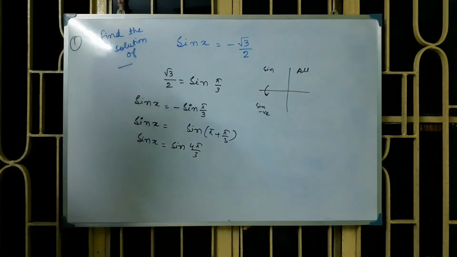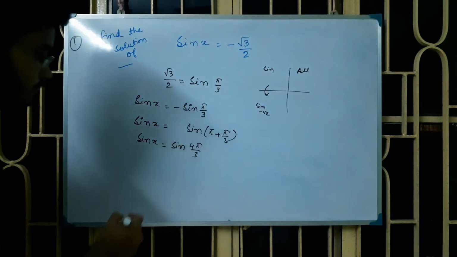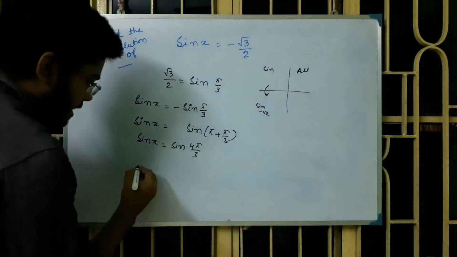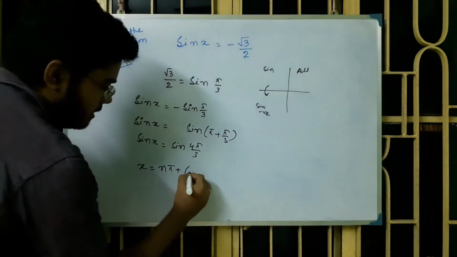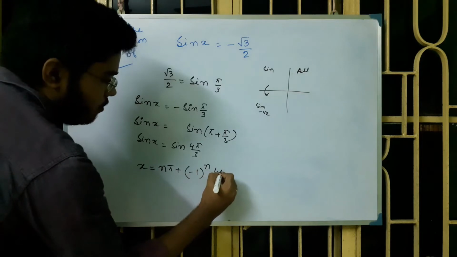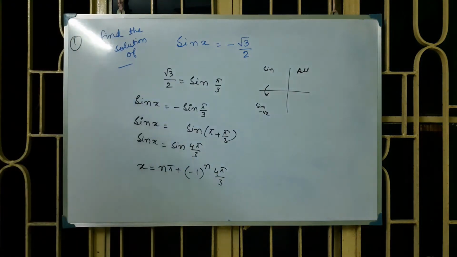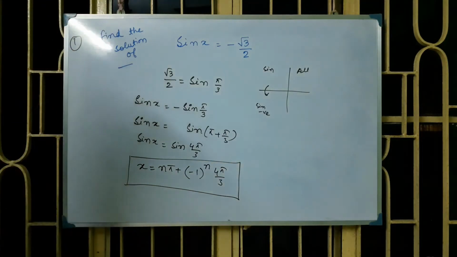You can write x equal to 4 pi by 3, but we want to find the general solution. The general solution is x equal to n pi plus minus 1 to the power n into y. Sin x equal to sin y, so x equal to n pi plus minus 1 to the power n into 4 pi upon 3. So this is how we find the general solution.